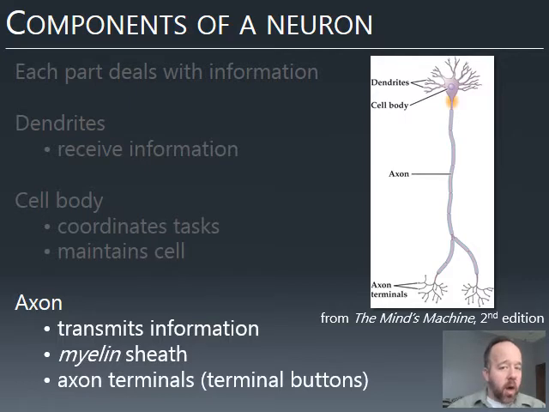So a single neuron can receive information from a lot of its neighbors and can send information to a lot of its neighbors. We shouldn't think that it just talks to one neuron. The axon is capable of talking to a lot of different neurons. The axon terminals are sometimes called terminal buttons or synaptic boutons. I'll always refer to them as axon terminals.